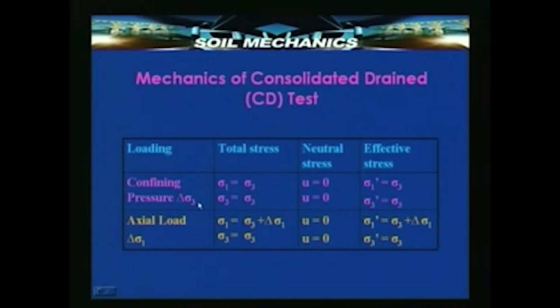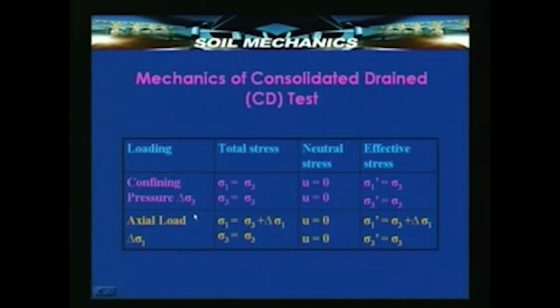When the confining pressure is applied, the total stress becomes equal to the confining pressure both in the horizontal and the vertical direction, because water transmits pressure equally in both directions. On the other hand, since drainage is permitted, water itself does not take any pressure and the neutral stress U remains 0 both in the horizontal and the vertical direction, and the effective stress, which is the difference of these two, becomes equal to simply the applied sigma 3.